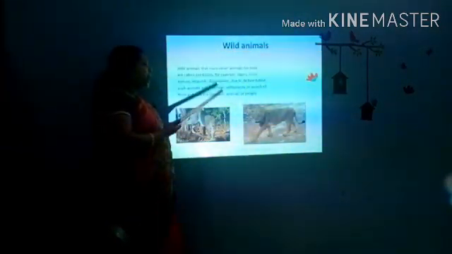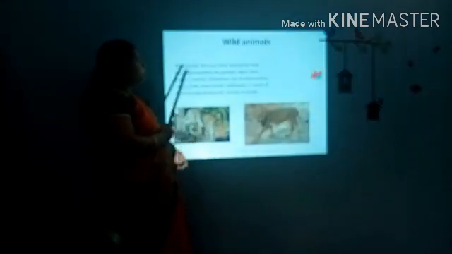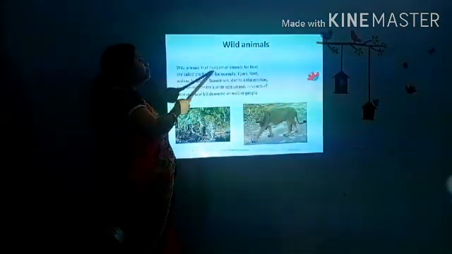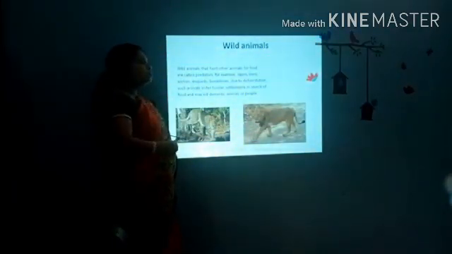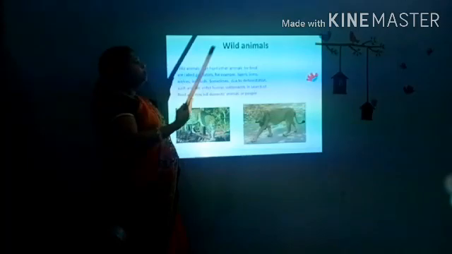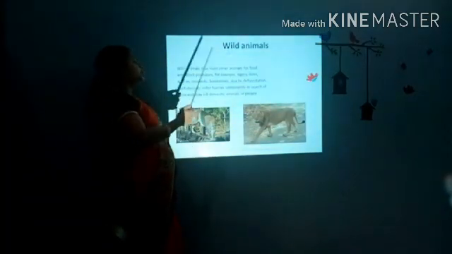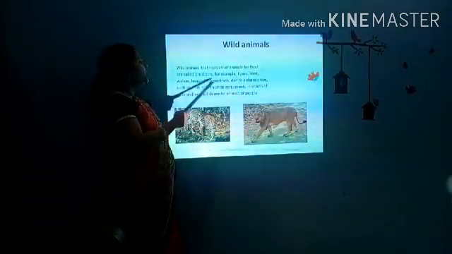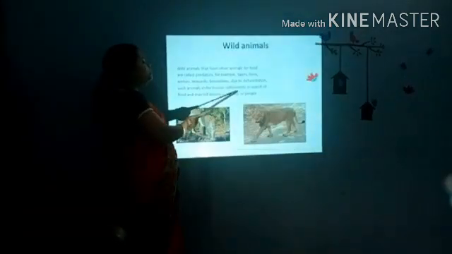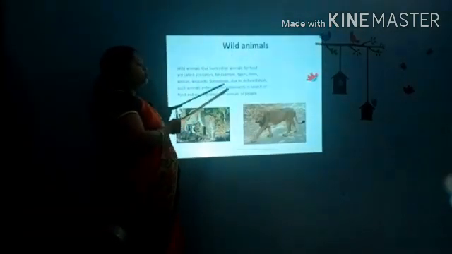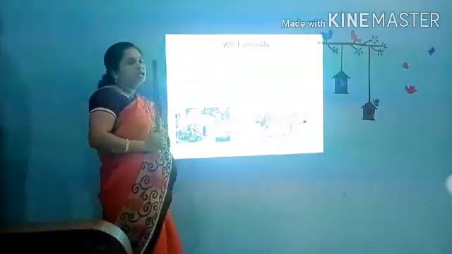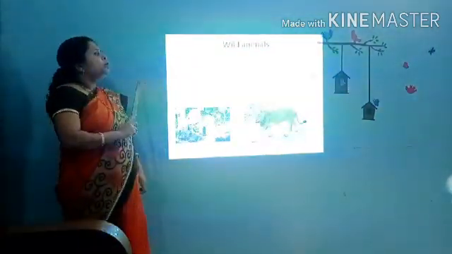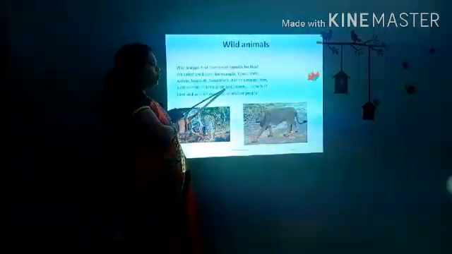They kill domestic animals, or sometimes even people. The wild animals that hunt other animals for food are called predators. If there are no other animals, they come into the cities due to deforestation, enter human settlements and kill domestic animals and people for their food. So wild animals are very dangerous. So what should we do? We should not cut their forests, so that they can remain in the forest.